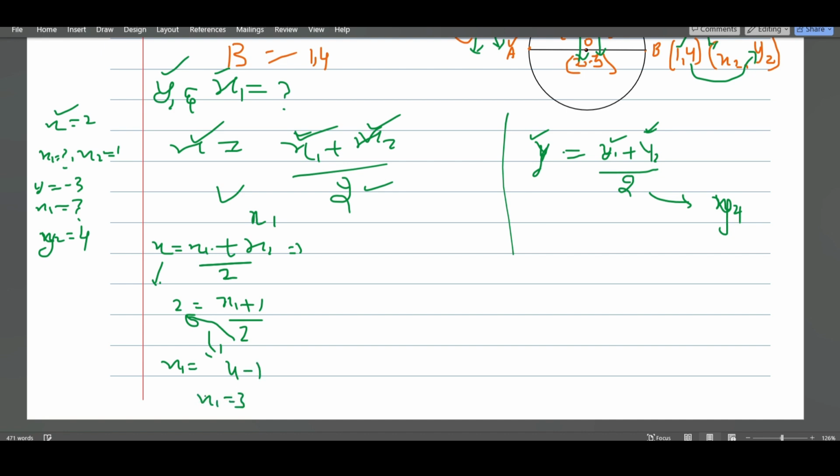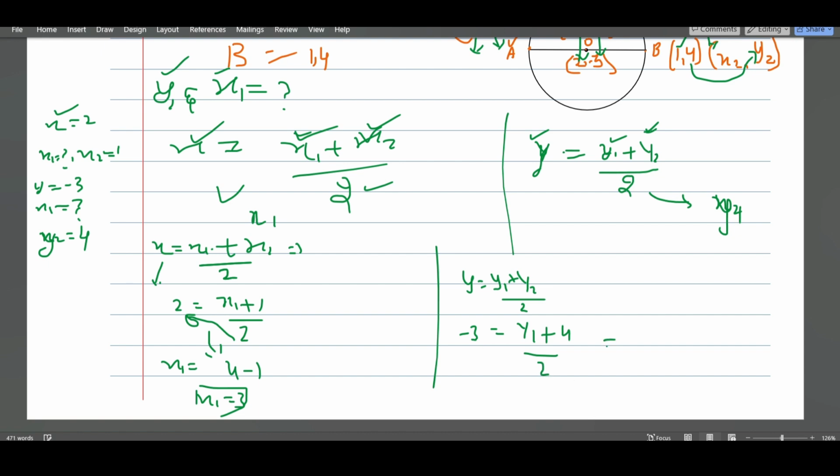Okay, we have the value of x1, which is 3, and after that we are going to find y1. So y is equal to (y1 plus y2) divided by 2. From here the value of y is -3, equal to y1 plus the value of y2, which is 4, divided by 2.